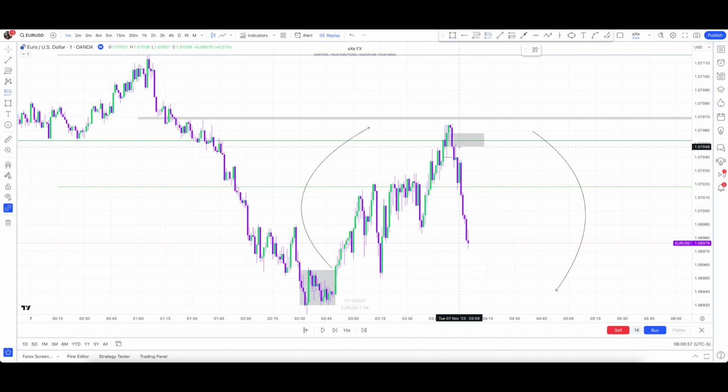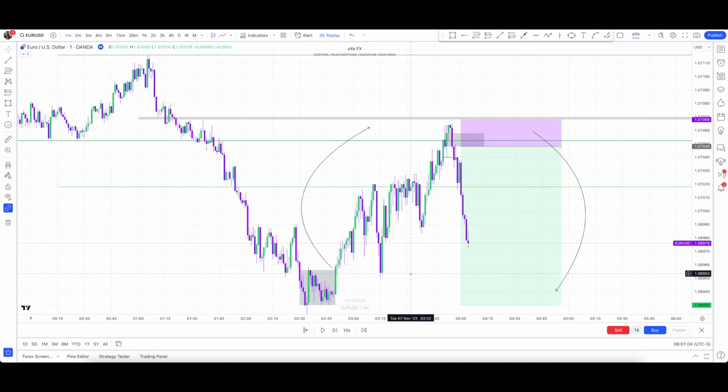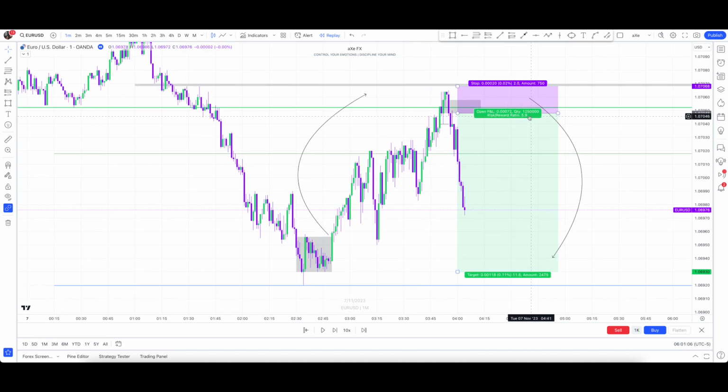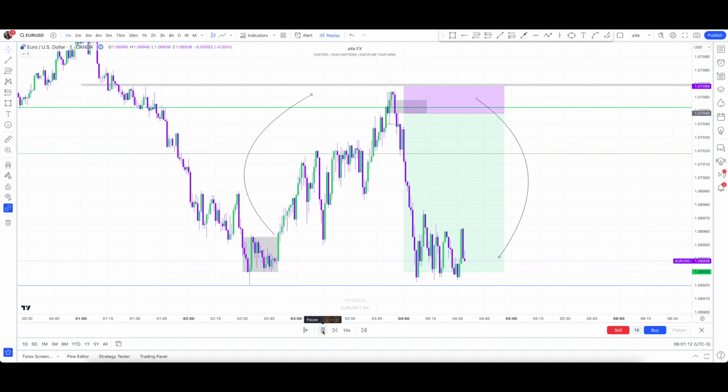And right here I entered, my stop was here above, and I targeted these lows, the original consolidation, a 1 to 6, almost 5.9, and price eventually hit the target.